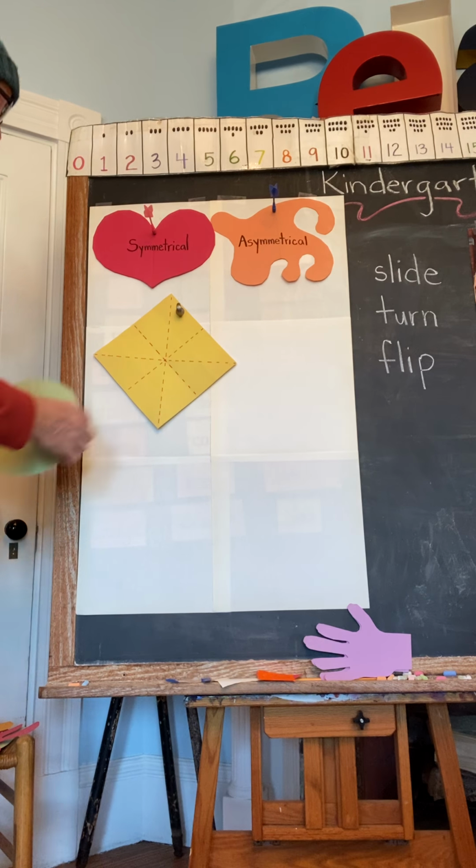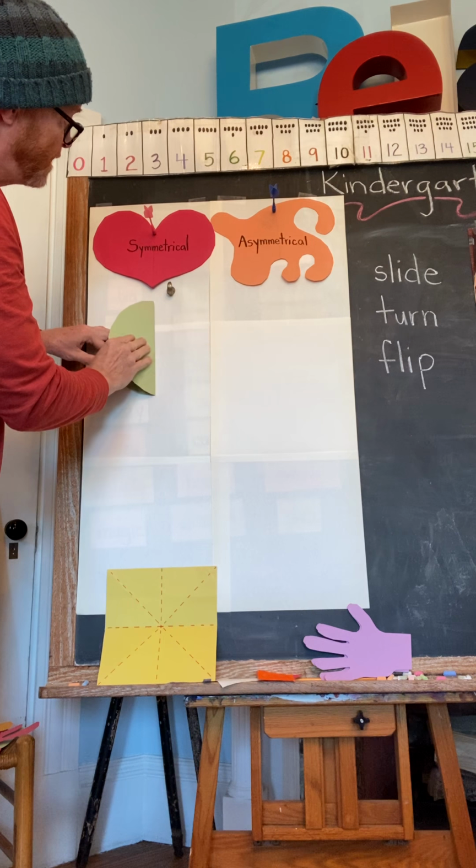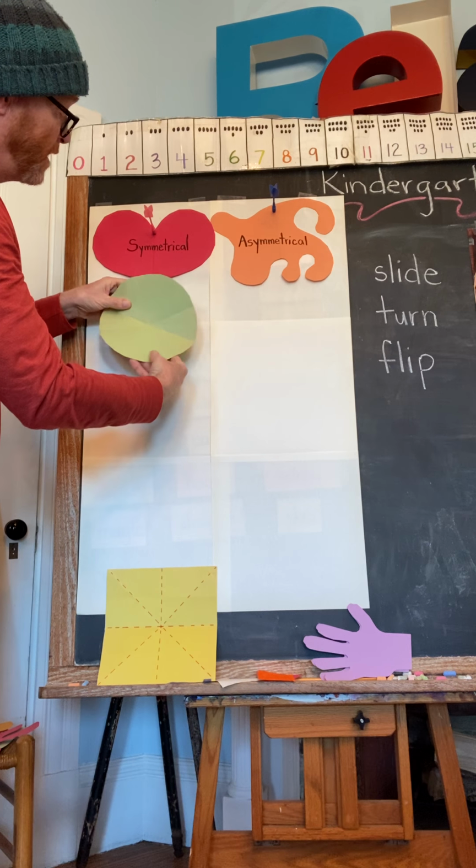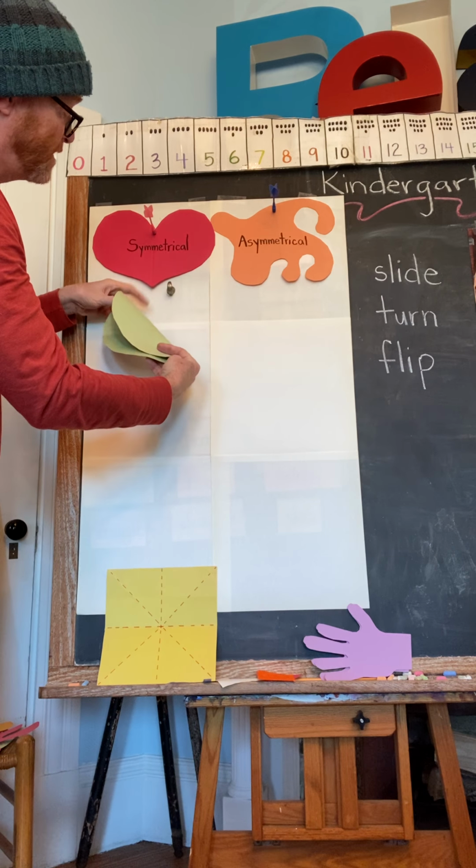A circle is fascinating because a circle has so many lines of symmetry. You can fold it this way, this way, this way, this way. Actually, a circle has an infinite number of lines of symmetry.